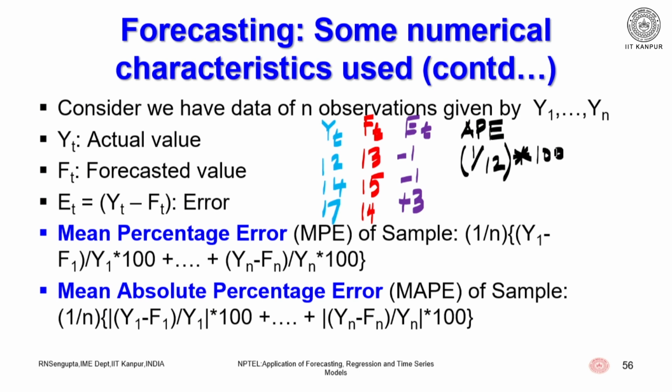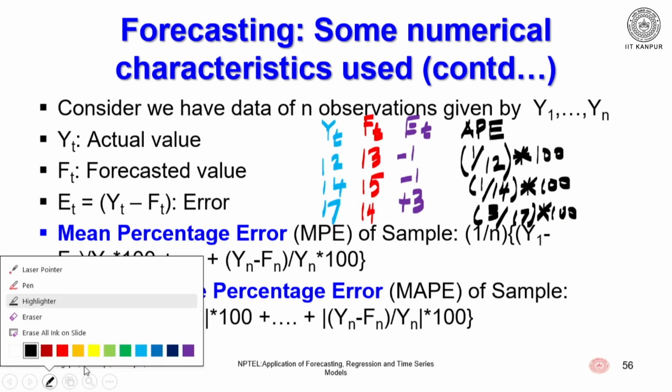So, the 1 by 12 into 100. Similarly, for the next value, it will be 1 divided by 14 multiplied by 100, and the last case is 3 divided by 17 multiplied by 100.